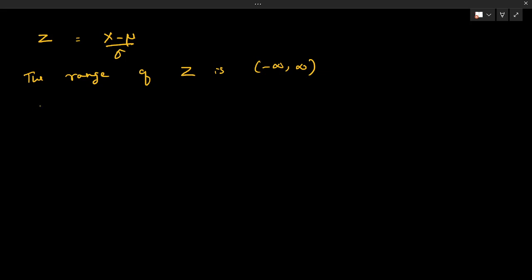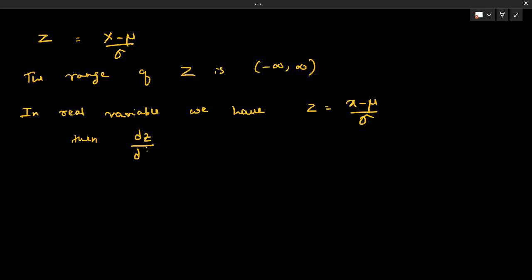Now we can write this transformation in terms of real variables. We have z equal to (x minus mu) by sigma. Then dz/dx, the derivative of z with respect to x, is basically 1 by sigma.